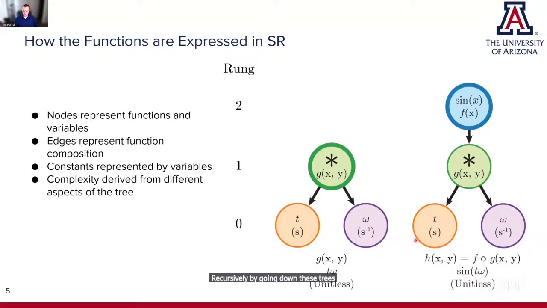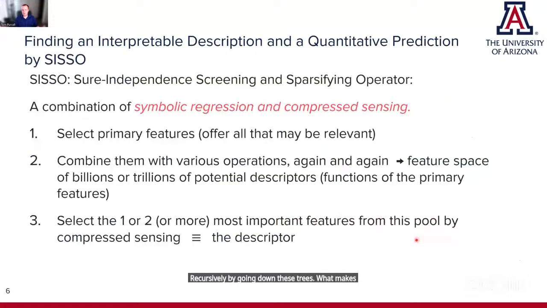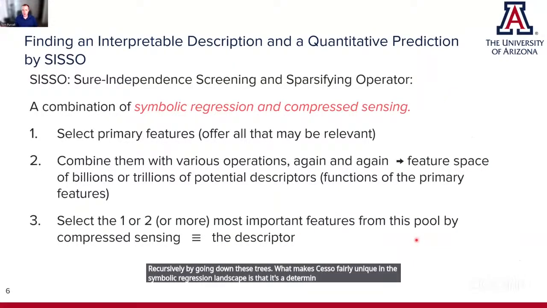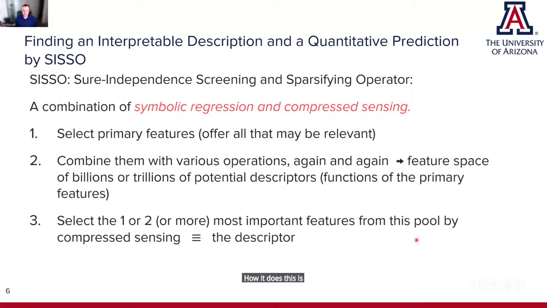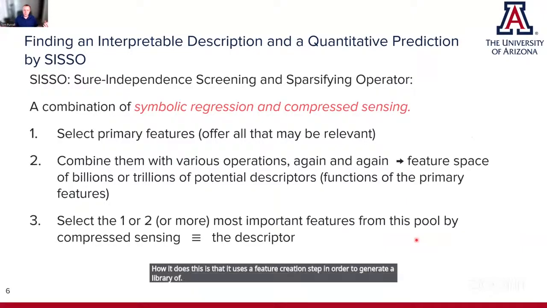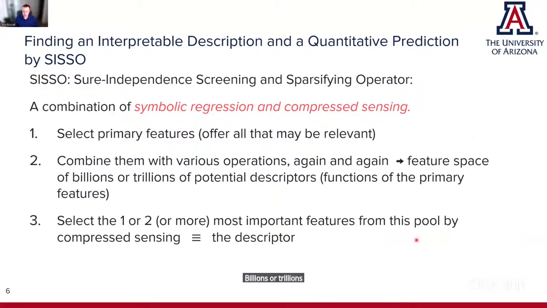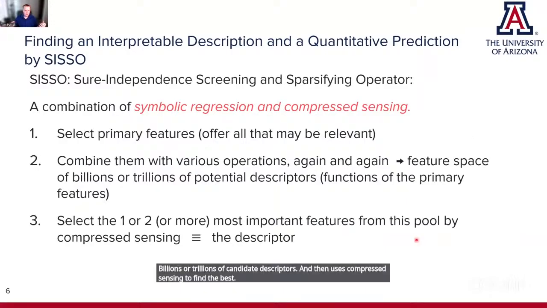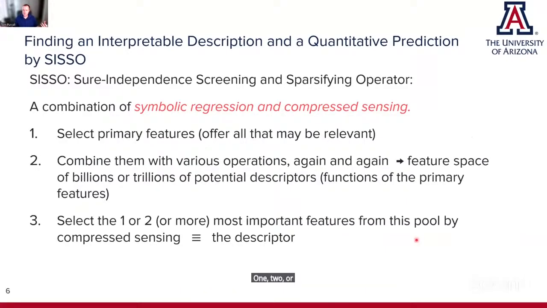What makes SISSO fairly unique in the symbolic regression landscape is that it's a deterministic way of finding these expressions. How it does this is that it uses a feature creation step in order to generate a library of billions or trillions of candidate descriptors, and then uses compressed sensing to find the best 1, 2, or 3 of these candidate descriptors to describe some target property.